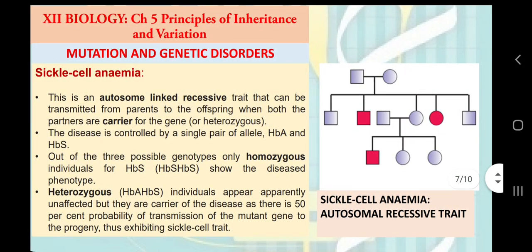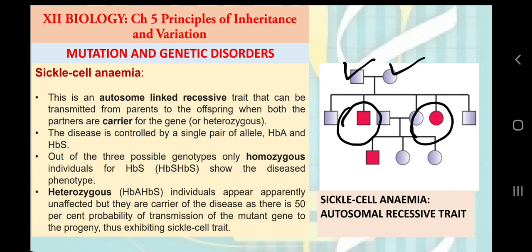we will move to the next genetic disorder, which is sickle cell anemia. Again, it is a recessive disorder, but it is autosomal recessive. Why autosomal recessive? Because the genes for sickle cell anemia are located on autosomes. You can see in this pedigree chart the tip which I gave you in my previous video: if the character skips a generation, for example this son and this daughter have the disease but their parents do not, this situation is called skipping of generation.